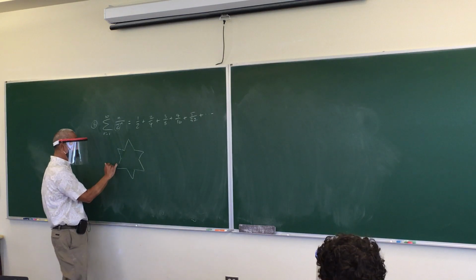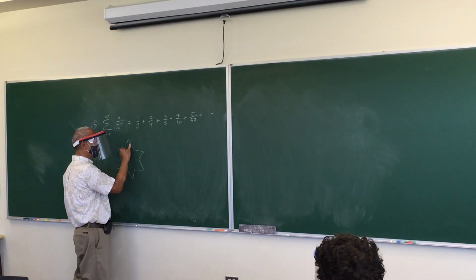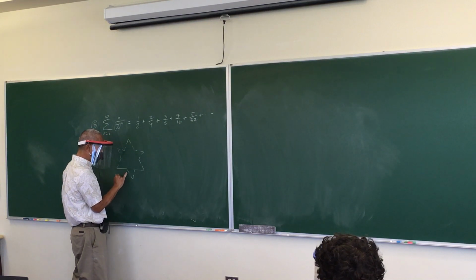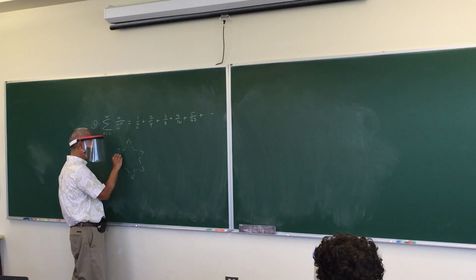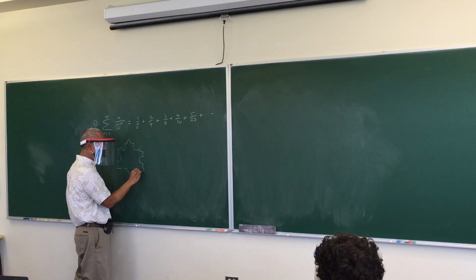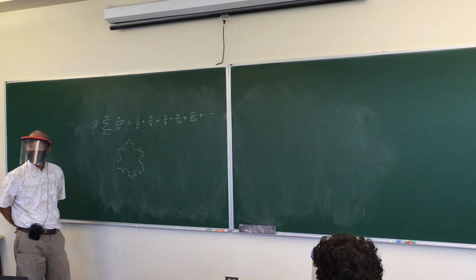12. So for each of the 12 segments, remove the middle third of each segment and replace it with another smaller equilateral triangle. How many segments are there now?